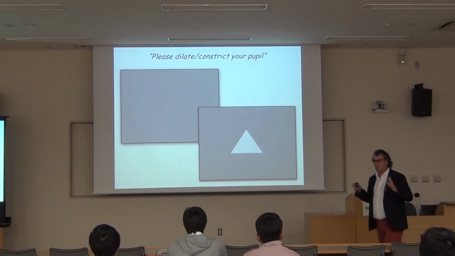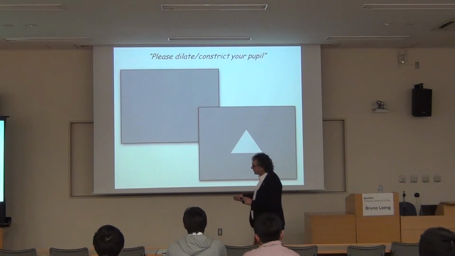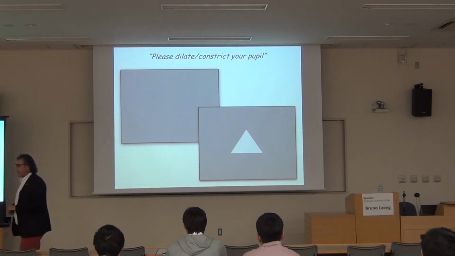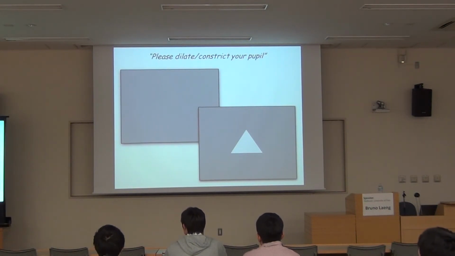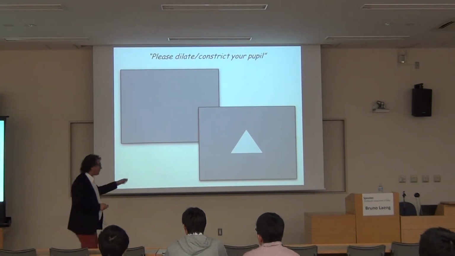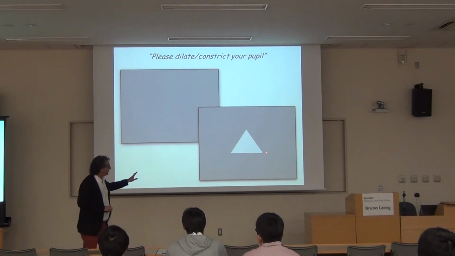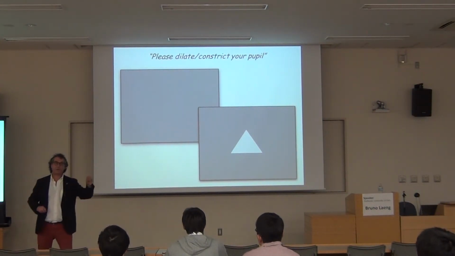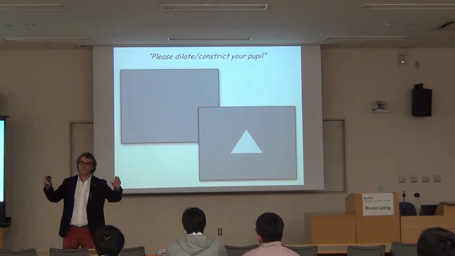There is a remote possibility that if you see a shape like that, these are the shapes that we actually use in the experiment, and you know quite a lot about pupillary dilations and the effect that changing the size of the pupil has on vision, then you could, if you are a very smart participant, think that if I'm asked to dilate my pupil, then the luminance of what I'm looking at should become higher, because there is more light entering the eye.